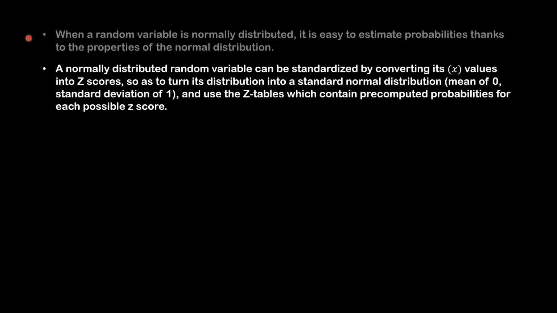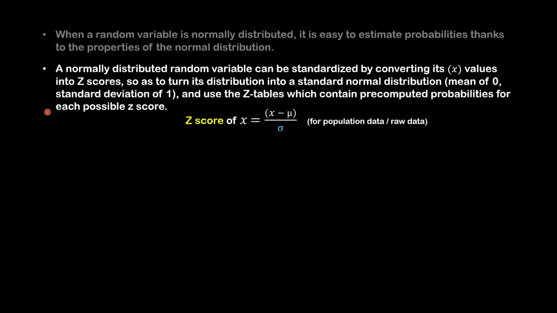One such variable can be standardized by converting its values into z-scores so as to turn its probability distribution into a standard normal distribution with a mean of 0 and a standard deviation of 1, and then use the z-tables which contain pre-computed probabilities for each possible z-score. For example, if you want to know the probability of observing a particular x value, you can use the z-tables that will tell you what the probability for this particular x value is.